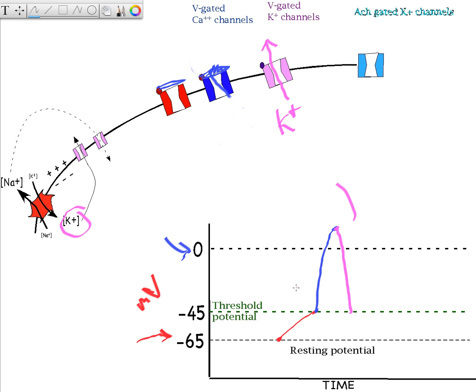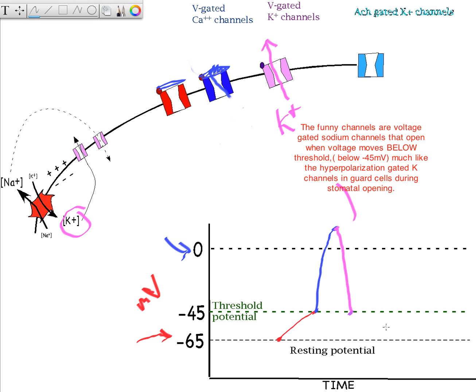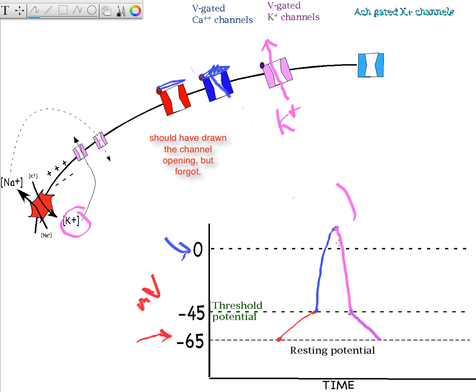Now, what happens below threshold potential? I'm asking you to remember that when it's below threshold potential, the funny channels open. Now, the potassium channels are still open, and they don't close until you get back to resting potential.